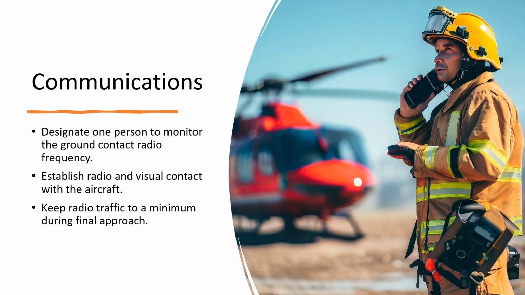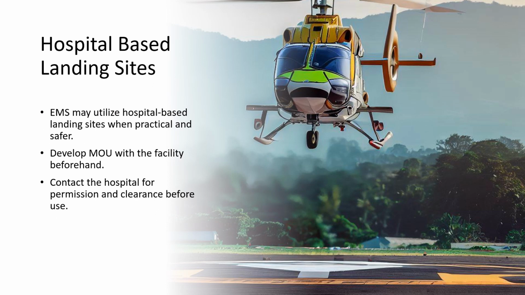From that perspective, there's really not a good way to see lines and wires in the area and even towers, and that becomes exponentially worse at night. So once you've made that contact and given them a good idea of what to expect, then it's really important to maintain that communication, stay on that radio frequency, and if anything comes up that you need to alert them about, that you're able to do so very promptly.